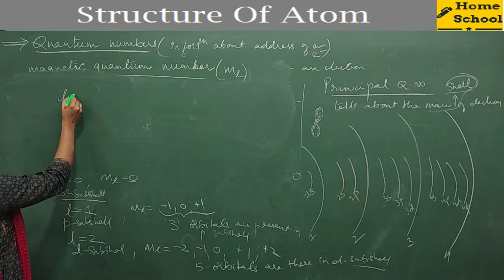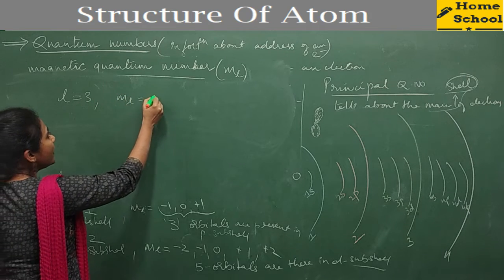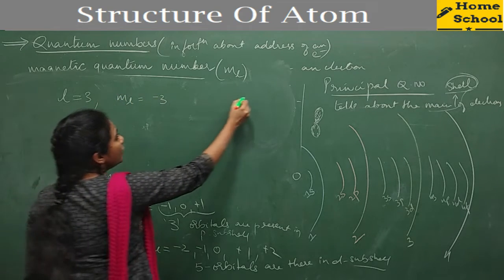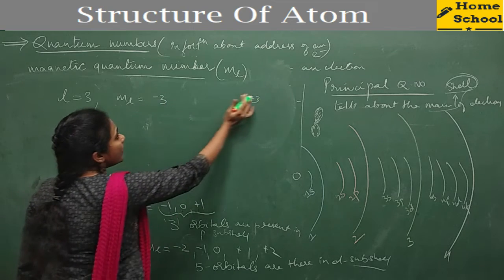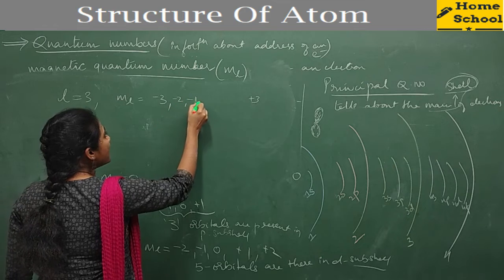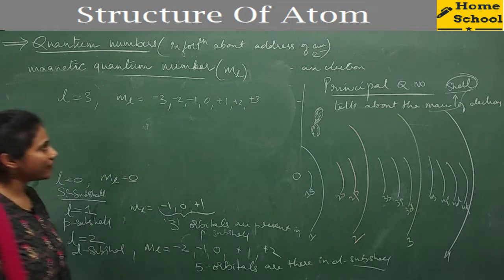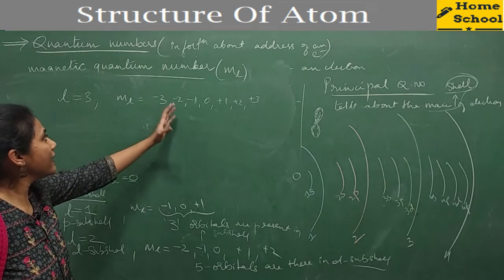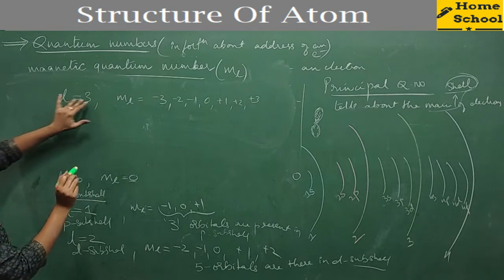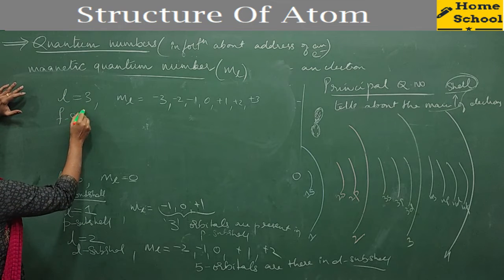Clear? Coming to L is equal to 3. When L is equal to 3, ML values will range from -3 to +3. What values will come from -3 to +3? -3, -2, -1, 0, +1, +2, +3. Right? So how many orbitals are there in the L is equal to 3 subshell? L is equal to 3 in the sense it is our F subshell.